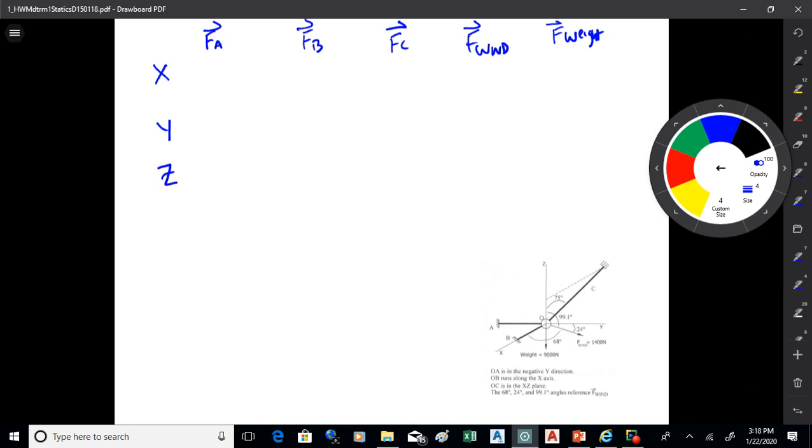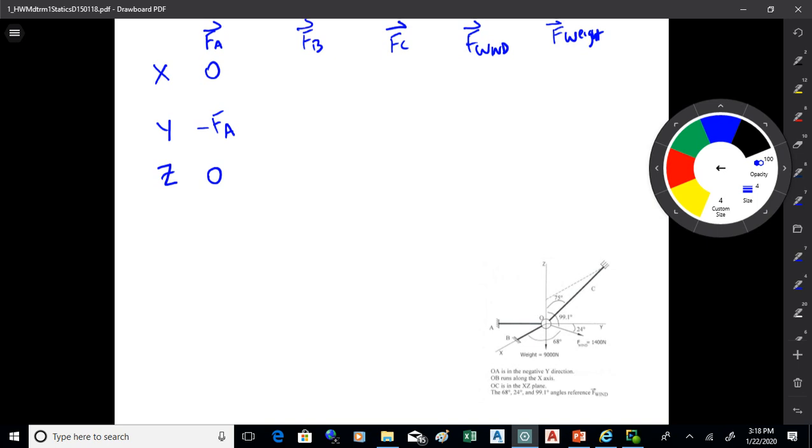So you just want to go ahead and fill that table in. So for instance, for FA, you'll notice that that cable goes in the negative y direction. So I would fill that in like that. FB will be a similar thing.